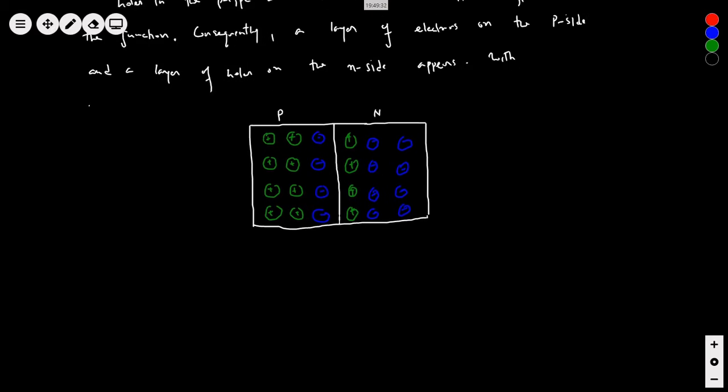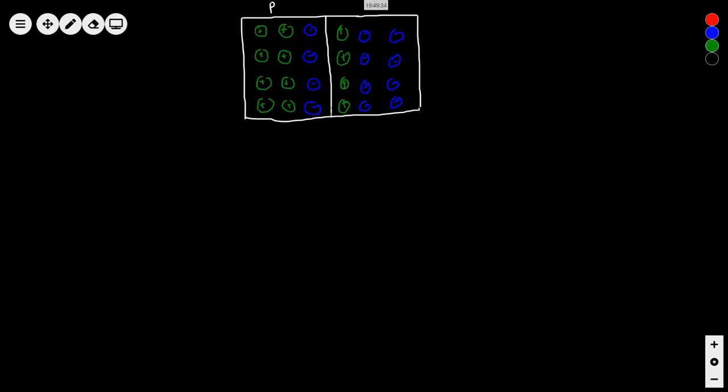After a few layers of such diffusion, what will we see?